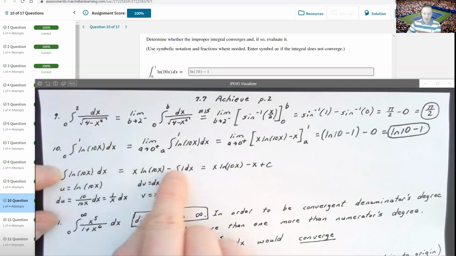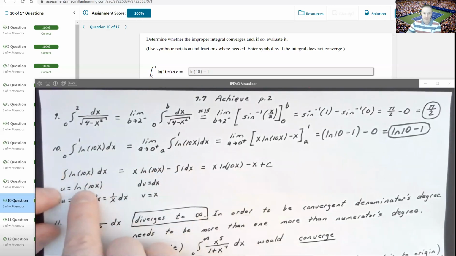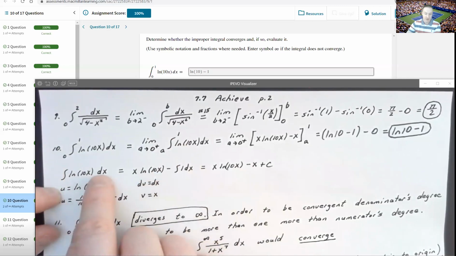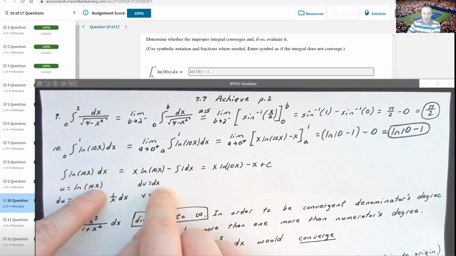So I did this work first. I came down here and said, okay, natural log, I'm going to let that be the u, and then everything else, which is just the dx, has to be dv. We differentiate u. The derivative of any natural log is the derivative of what's inside the natural log, 10, divided by what's inside the natural log, which is 10x.